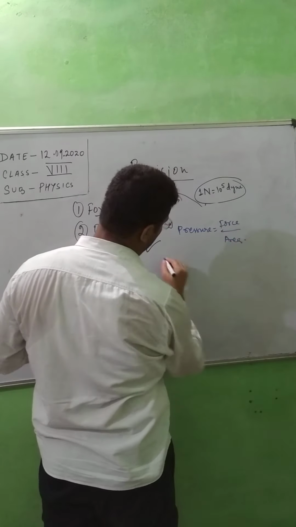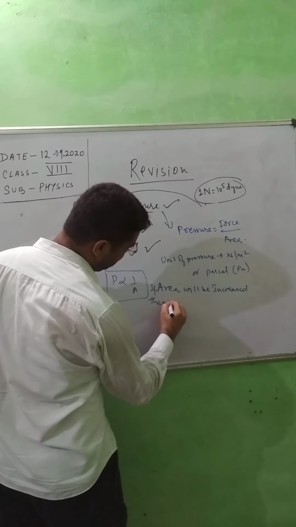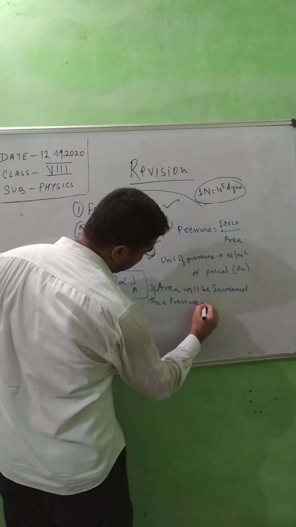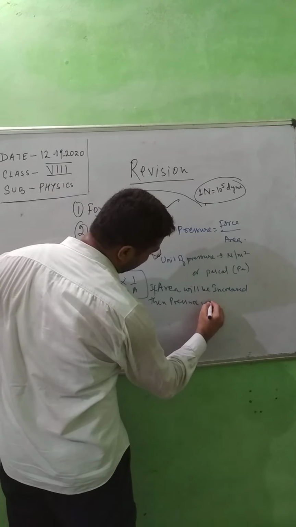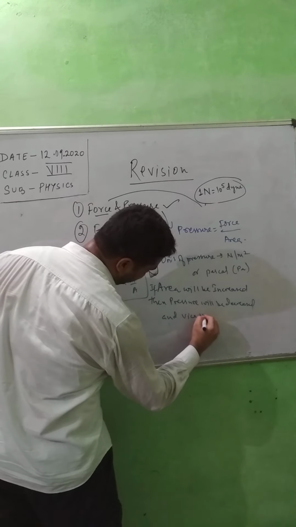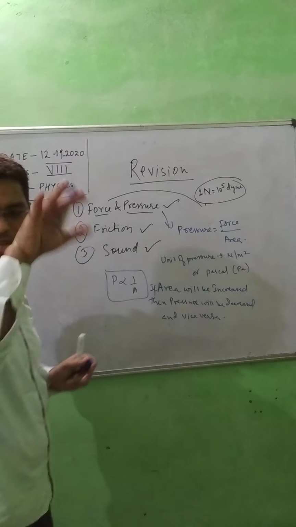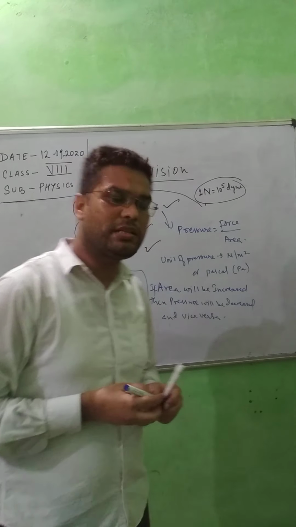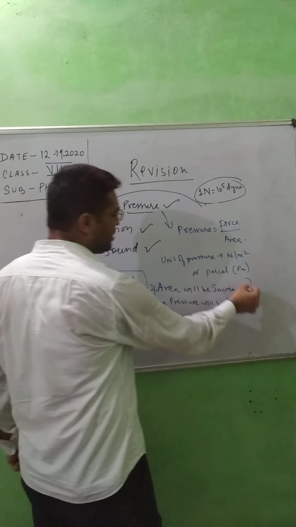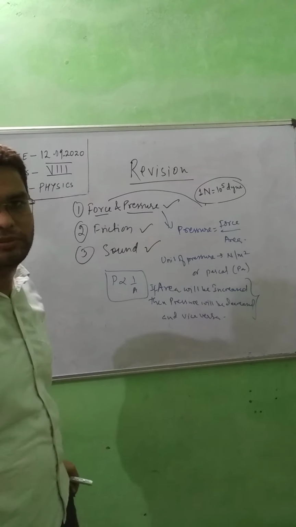If the area is increased, under the condition that force remains constant, then pressure will be decreased. And vice versa. What is the meaning of vice versa? Opposite. If area is decreased, pressure will increase.